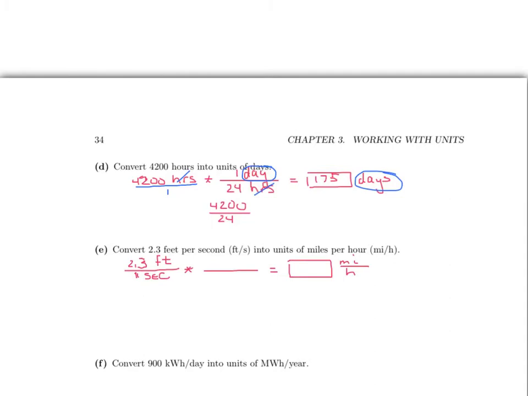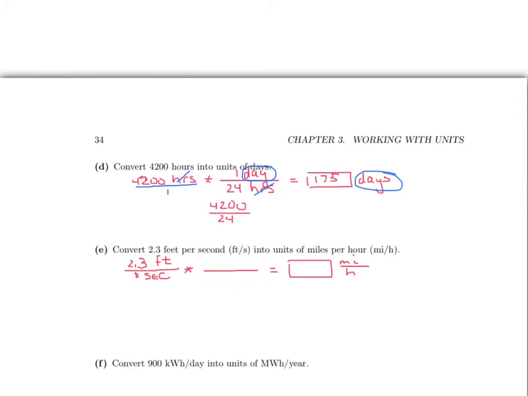Okay, so the issue now is, what is this conversion factor? Well, if we look at the units that we're starting with and the units we want to finish with, we can see here that there's more work to do. We need to be able to convert from feet to miles and also from seconds to hours. We're not going to be able to do that with a single fraction here or a single conversion factor.